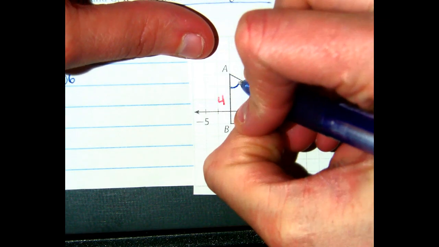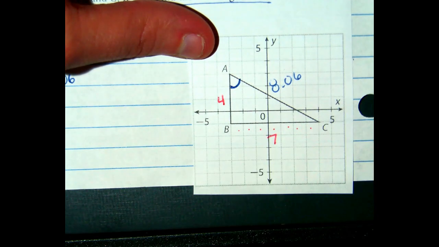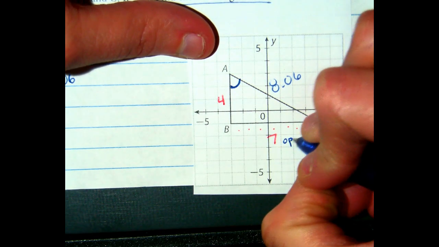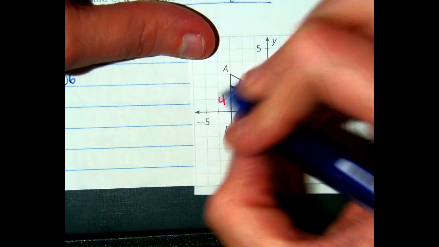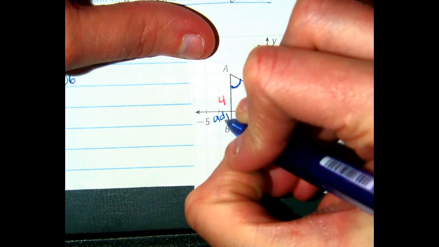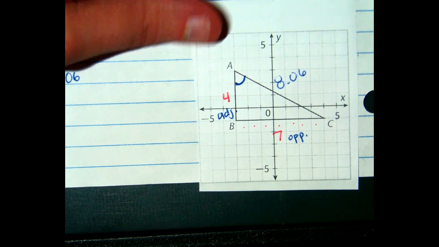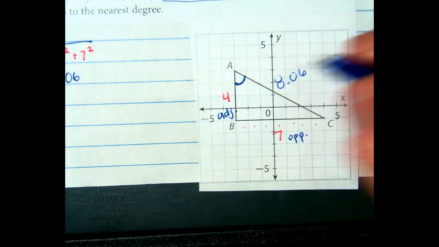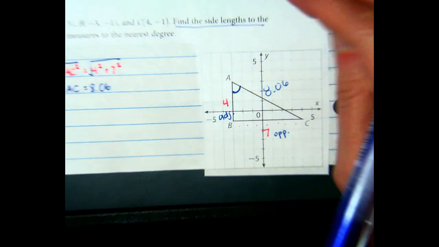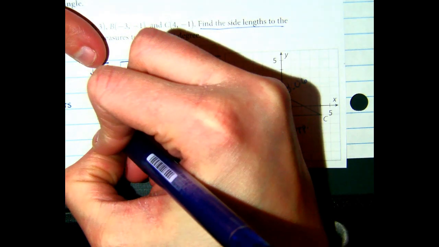If I need to find A, what is 7 compared to A? And what is 4 compared to A? Which of our trig ratios is opposite and adjacent? Okay. Do you remember how we set up when we're finding the angle? Yeah, we'll use the tangent inverse.